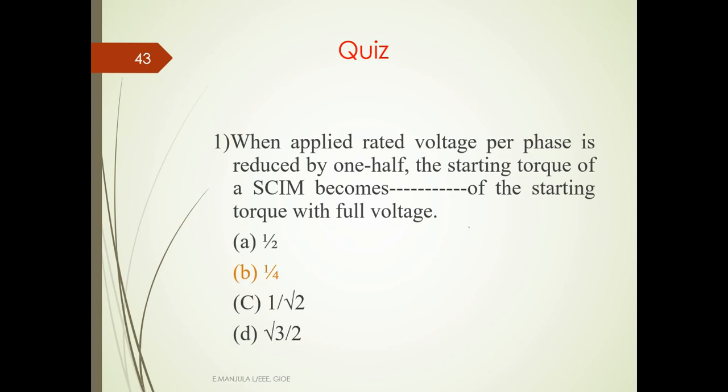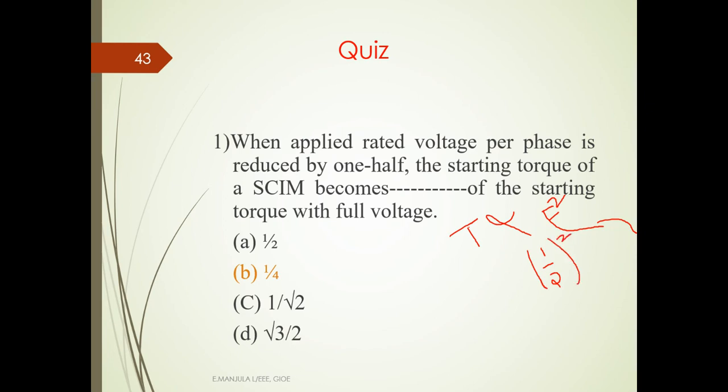We know that torque is directly proportional to E2 square. So what's happening here? This is 1 by 2 whole square, so it will become 1 by 4.